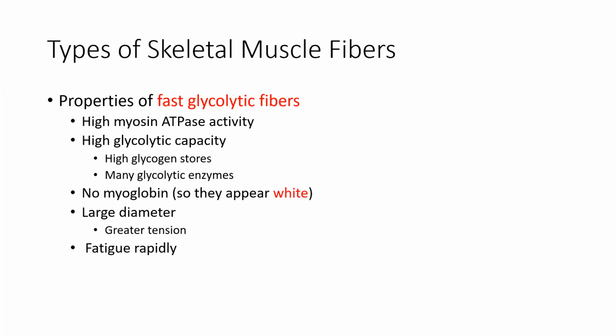They have no myoglobin, so they appear white. And then they have a larger diameter, and because they have a larger diameter, they have more tension production. They can produce more force than the smaller oxidative fibers. They also fatigue more rapidly, again, for reasons that we explained previously, that buildup of lactic acid and the smaller quantities of ATP that are produced via anaerobic glycolysis.